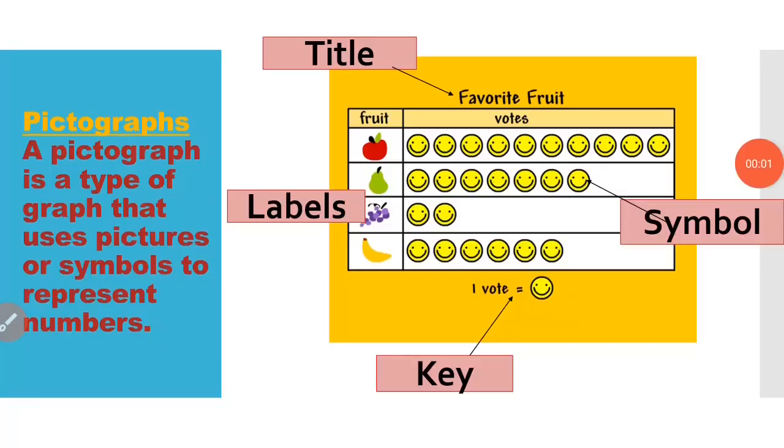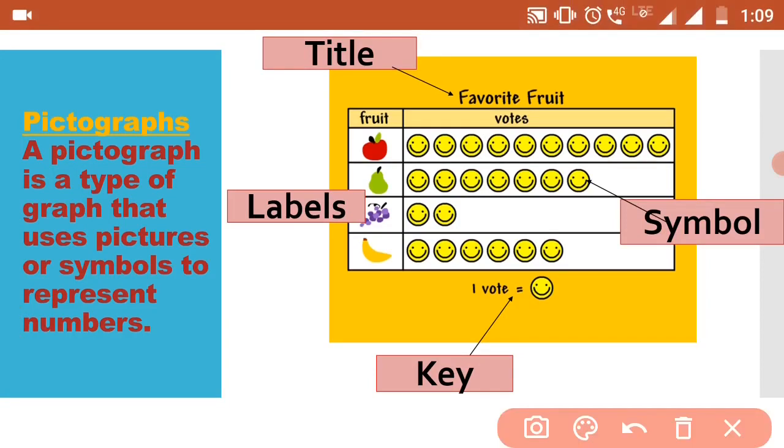Okay kids, now let's see the next topic, that is pictographs. What is a pictograph? A pictograph is a type of graph that uses pictures or symbols to represent numbers. As you can see here, we have used pictures of fruits and emojis of smileys. Now let's see what is what. Here it is written favorite fruit.